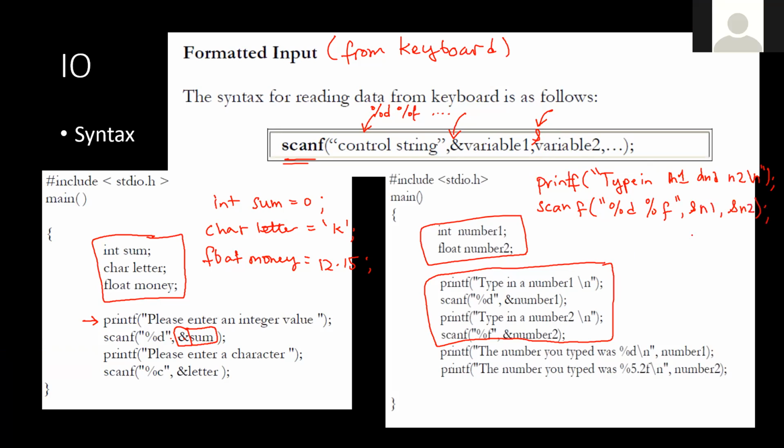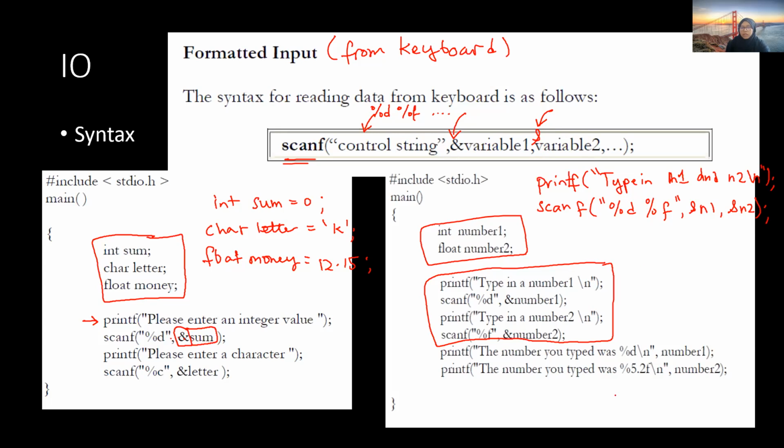The difference between scanf and printf is you don't have to put the spaces in between. There is no problem, because you can press enter after that for the second number. That is just how you input, unless you want to see the output, then you need to specify the space.